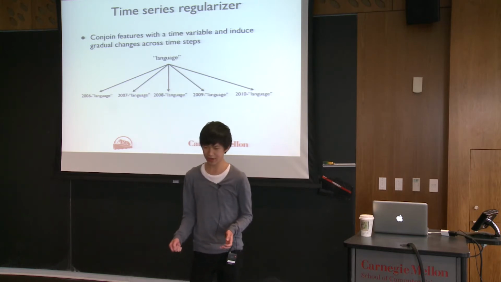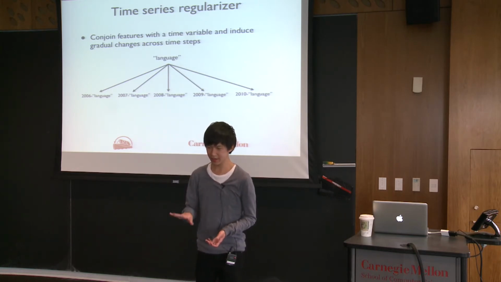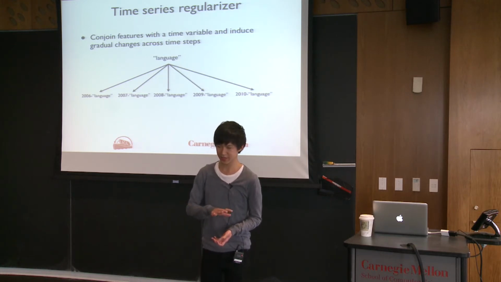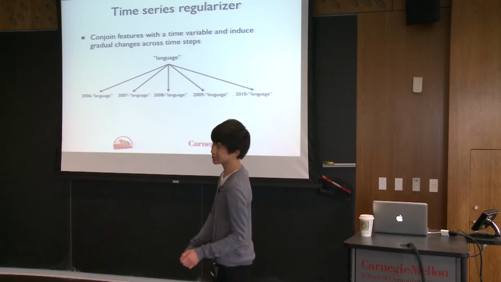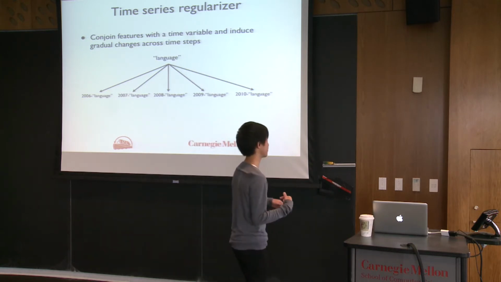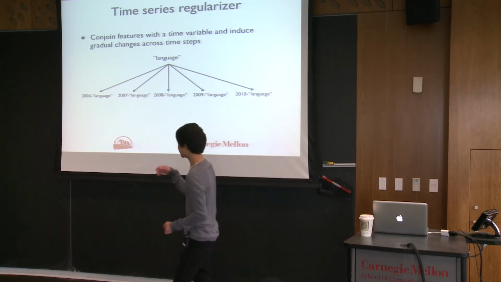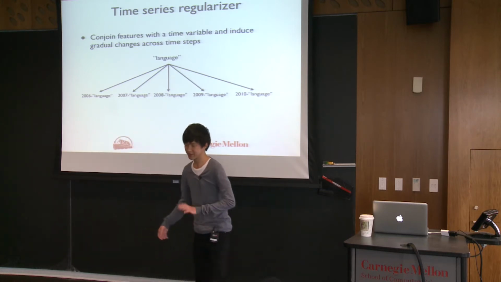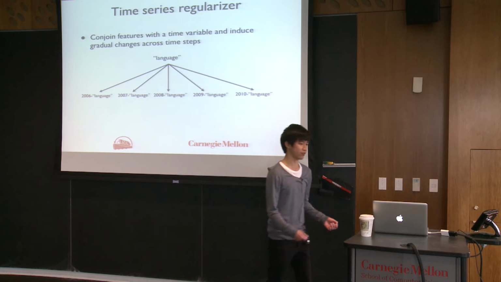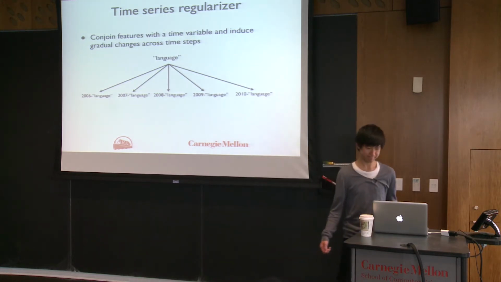Then for each feature, you make a copy of that feature for each time step. Originally we have just one feature, "language." Now we have 5 copies of "language." So, for example, the 2006 "language" feature only fires in 2006, the 2007 "language" feature only fires in 2007, and so on, when we're training the model.